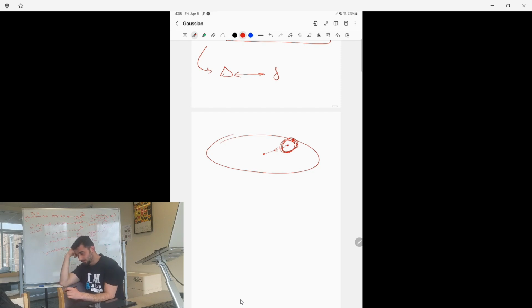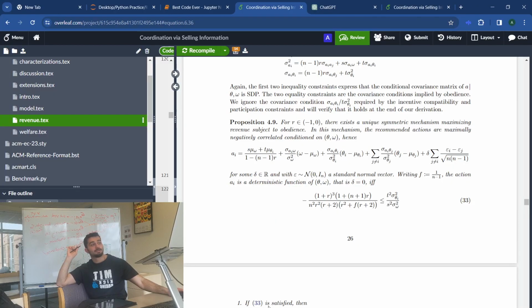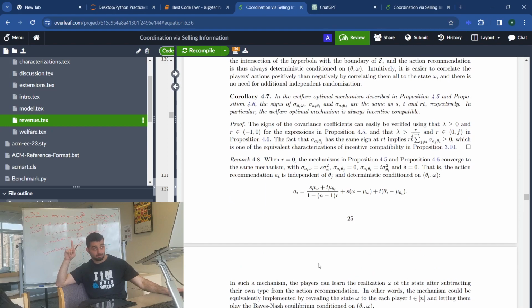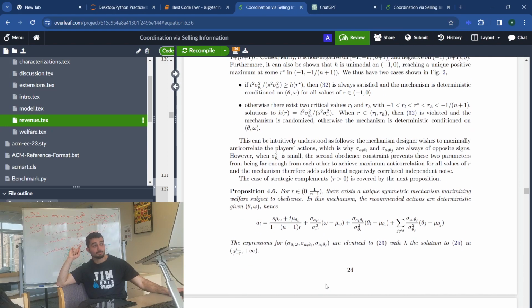So, okay, why do we need added noise? Because it improves our objective. But it comes from the structure of our sigma matrix.